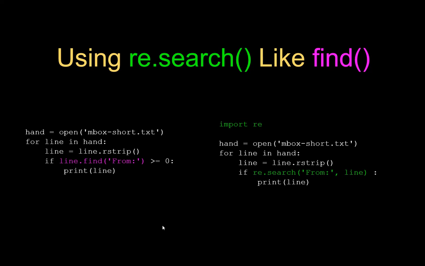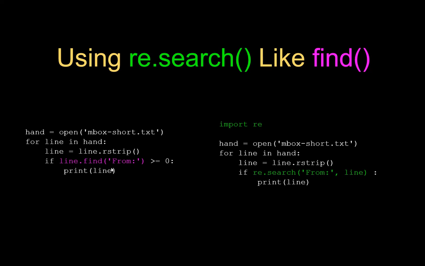Okay, so we are going to use re.search here. We open a text file and save it in hand, which is our file handler. For each line in the file, we do a rstrip, which means we get rid of the carriage return at the end of the line.